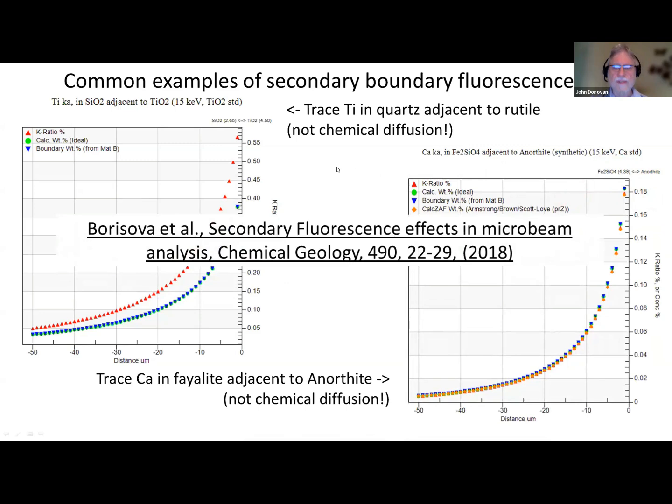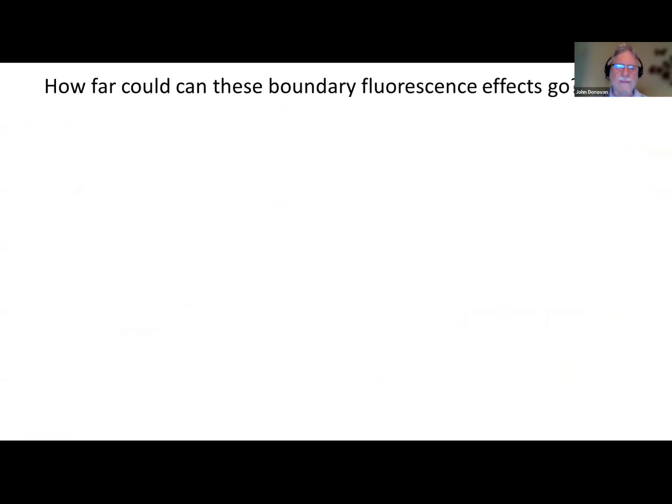This was described pretty recently in the Borisova paper, which I wrote with her and Paul Asimow and some other people back in 19, because I went to an AGU conference and every diffusion profile I saw was a fluorescence artifact. So I took Paul aside and said, hey Paul, there's a problem here. And he said, I knew there was an issue, but I didn't realize it was that bad. Yeah, it can be that bad. So this needs to be looked at. There's a discussion on the forum that you can check out, with lots of examples.